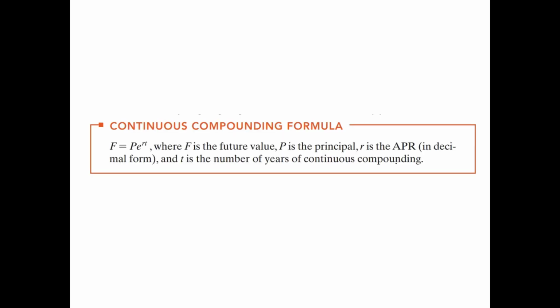And so it turns out that the limit is called continuous compounding, right? So we're going to use this formula, F equals P e to the RT, where F is the future value of the principal, R is the annual interest rate, and T is the number of years of continuous compounding.